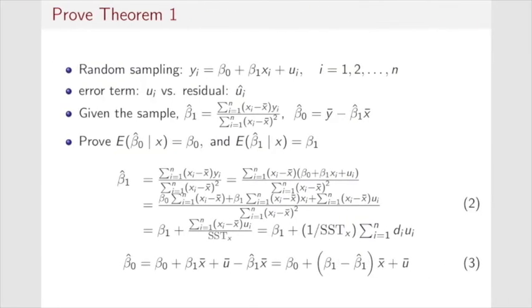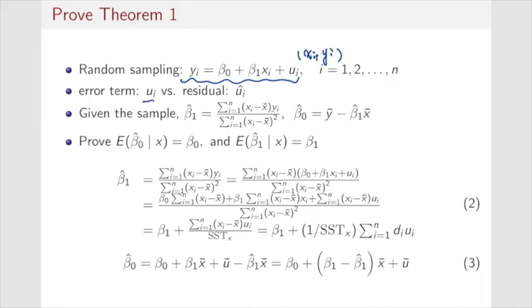We will continue to prove Theorem 1 under assumptions 1 to 4. First, from the first assumption, we can write down the population model in terms of a random sample xi and yi. The sample size is n.